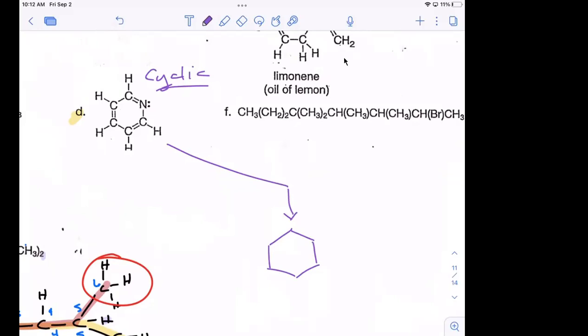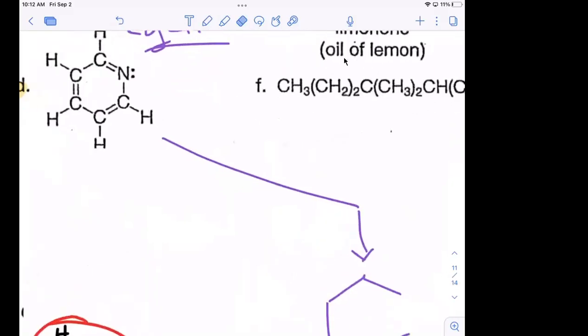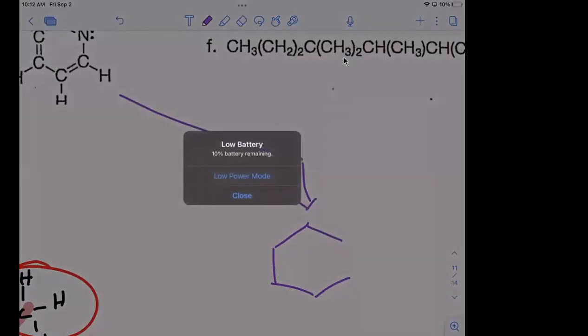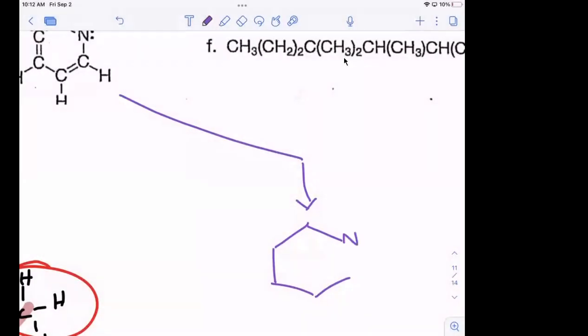All right. Now, what am I missing inside the ring that I have drawn? Look at the structure up here, right? Let's start at the nitrogen. We're going to put that in here. All right, I'm going to put that nitrogen in there.